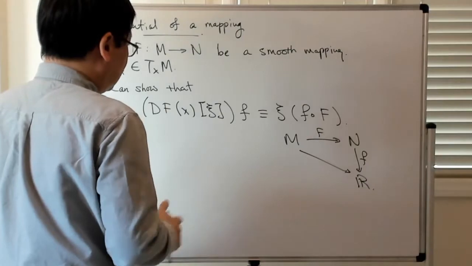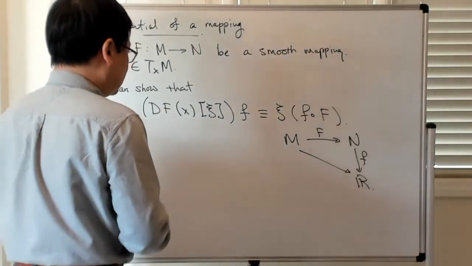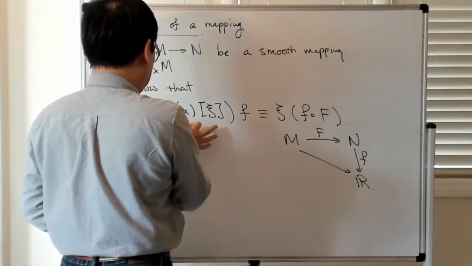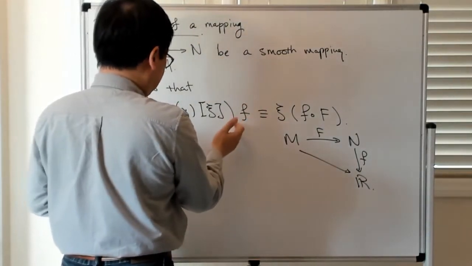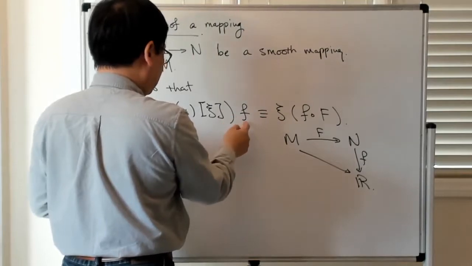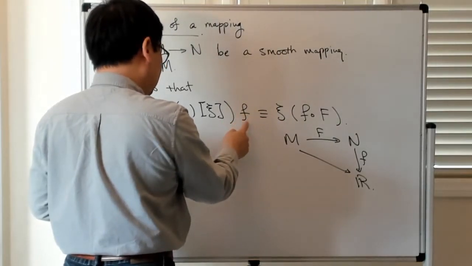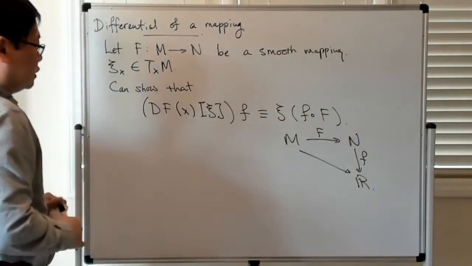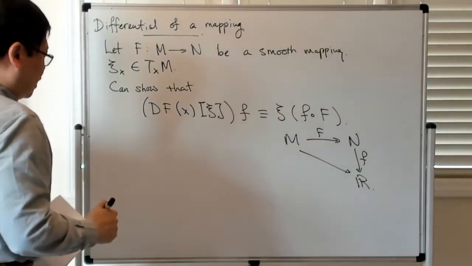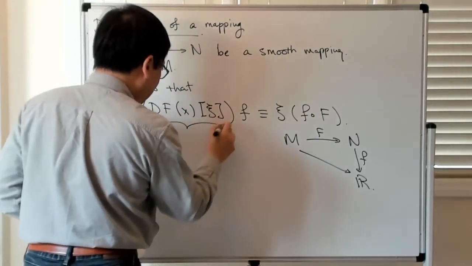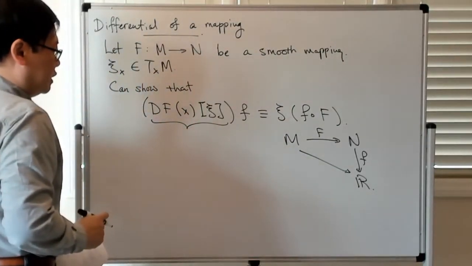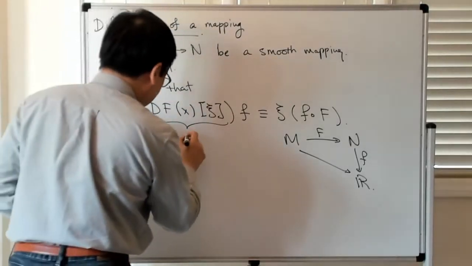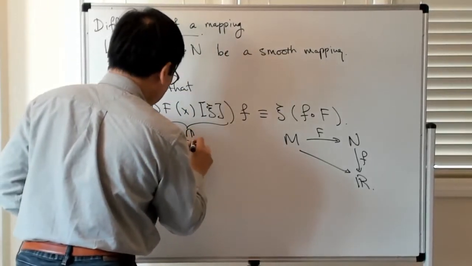And this basically induces, by this definition, an action of some other tangent vector on the scalar valued function on N. So the claim then is that this thing here is a tangent vector on N, an element of TN.